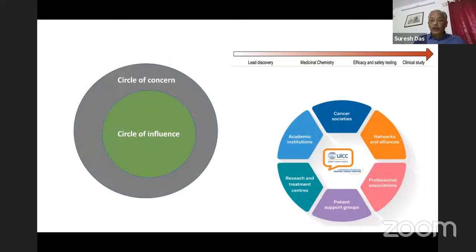But if he is also interested in the larger picture, then he also has a circle of concern. Of course, in order to be a good scientist, like in all the presentations we saw in the last 2 days, you have to spend the majority of your time on your circle of influence. That is where your core expertise is. But at the same time, you have to have this larger circle of concern in your area of interest.